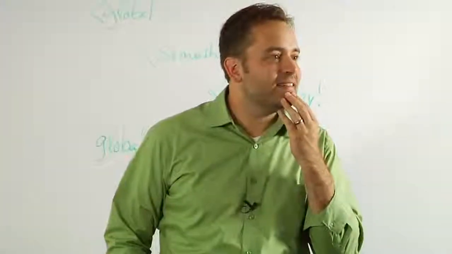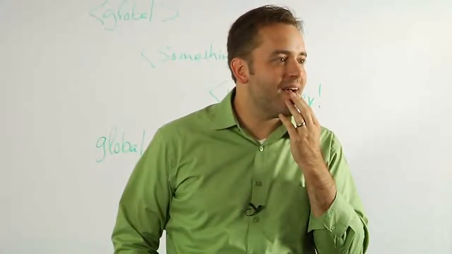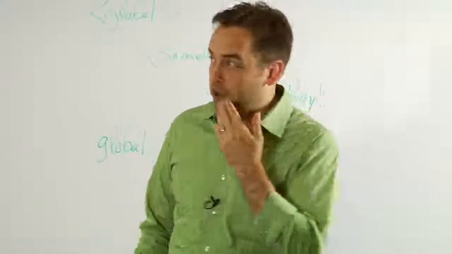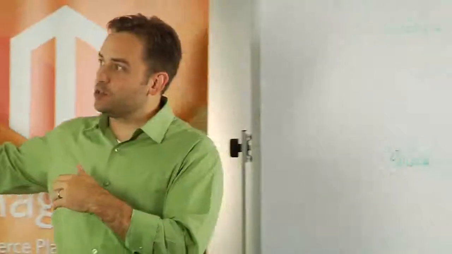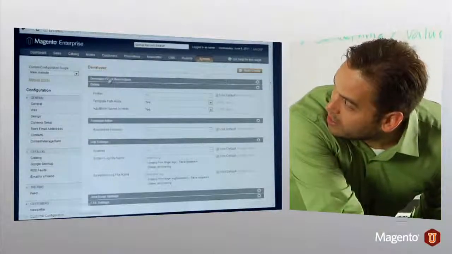You said it might have a different answer, the answer that it shows might be different depending on your scope. Well, yeah, it would. In fact, I could change my scope from the main website scope down to a store scope, and have it just for my English store. And I could also add my IP in here.